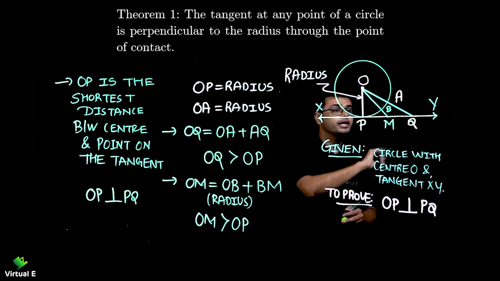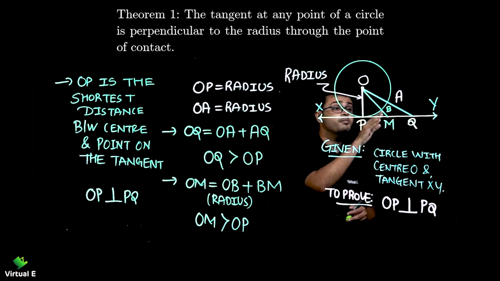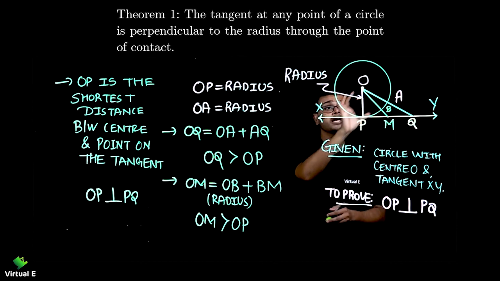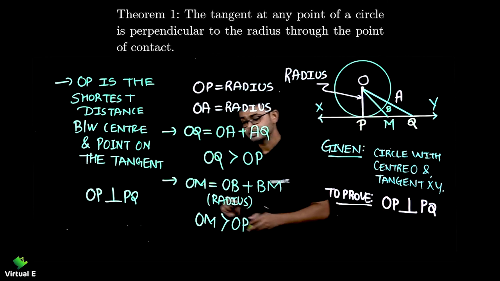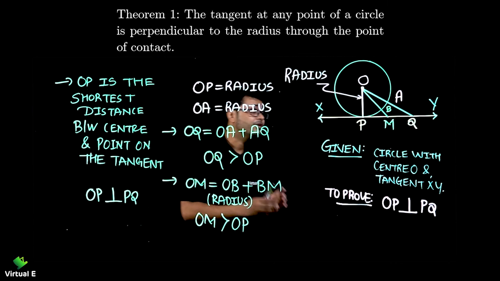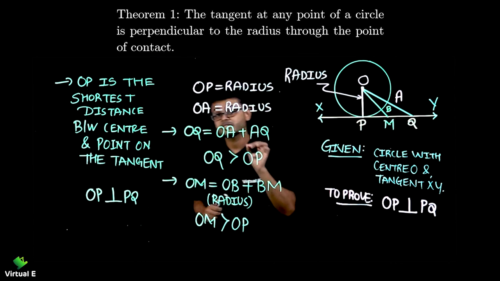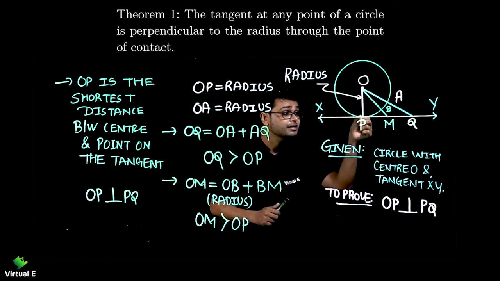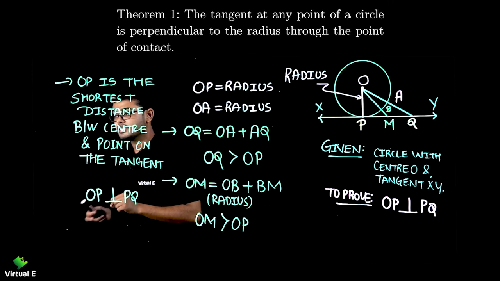I've taken another point. Let's talk about another point if this first point is not working. So point M. Let's try with that one. So OB plus BM. Again OB is the radius and you are still adding something extra BM, right? So that is also greater than OP. So we proved with these two points that OP is the shortest distance possible from the center to the tangent, and shortest distance is always perpendicular.